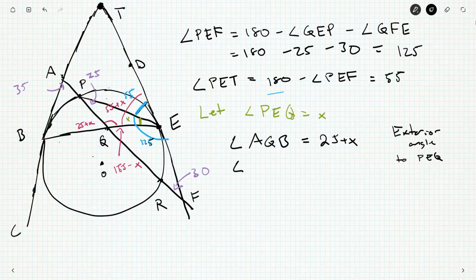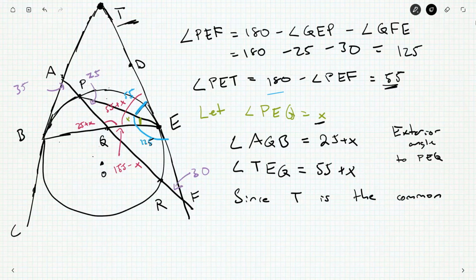Okay, and we also know that angle TEQ is 55 plus X. I don't think that needs to be explained because we got the 55 here, we got the X here. But since T is the common point, because we have to use some result from a circle, we haven't actually used any circle results yet. But this T here, I think if you dropped perpendiculars, you get a similar sort of thing.